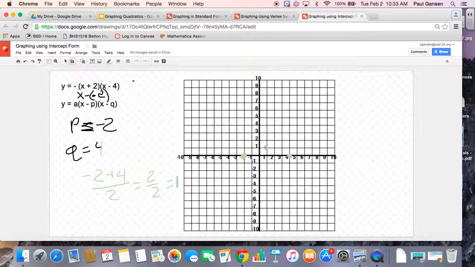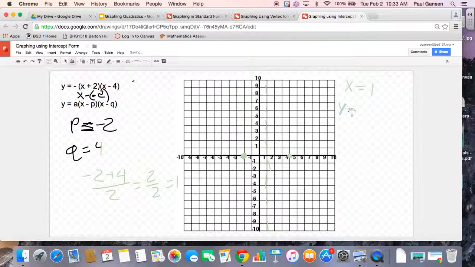Now, not only do we have our axis of symmetry here at 1, but that means we can also find our vertex, because our vertex is always on our axis of symmetry. So let's see what happens when x equals 1. We'll take 1, plug it into the function, and see what comes out.